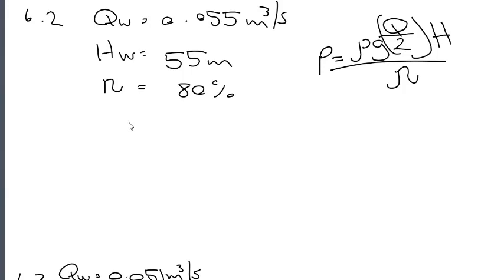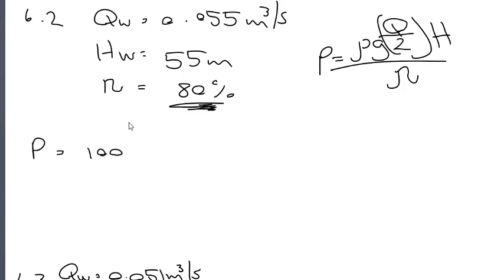The reason we're dividing Q by 2 is because we multiplied the Q values by 2. And also when we read off the efficiency value, we divided the discharge by 2 and then read off the efficiency of 80%.